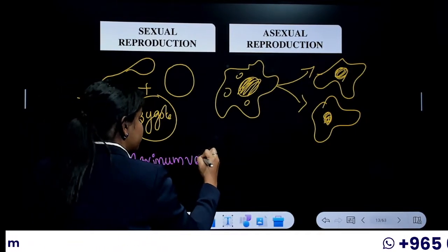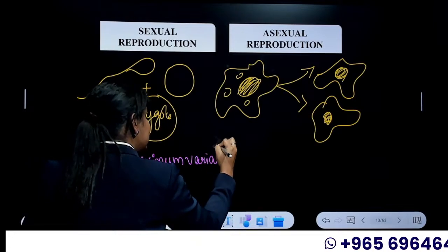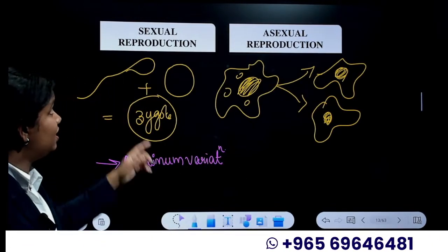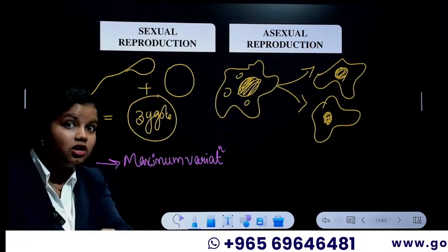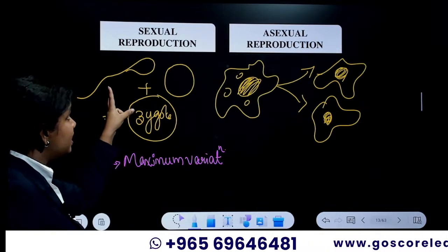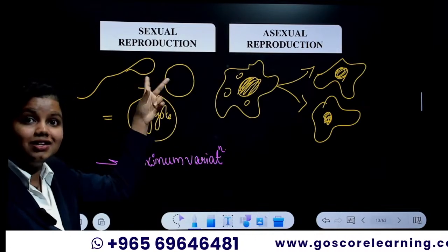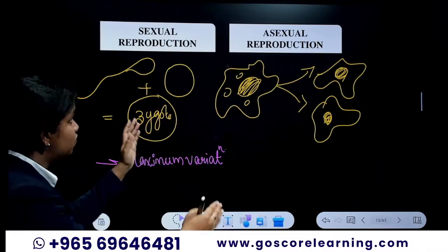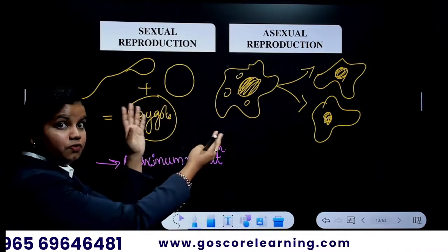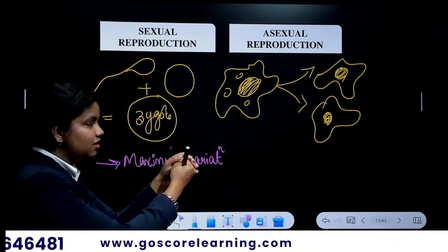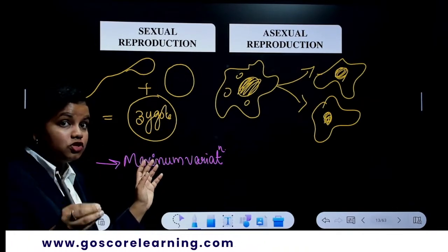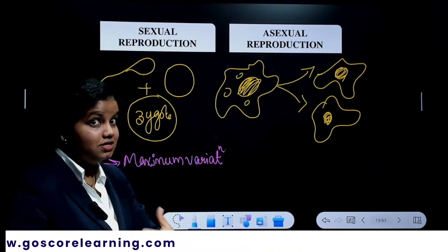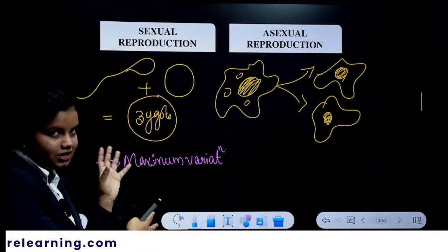Where is maximum variation seen? In sexual reproduction, because there is a meeting of two different gametes. There is a chance of two different sets of chromosomes coming together in a zygote. There is a possibility of variations and differences happening here.